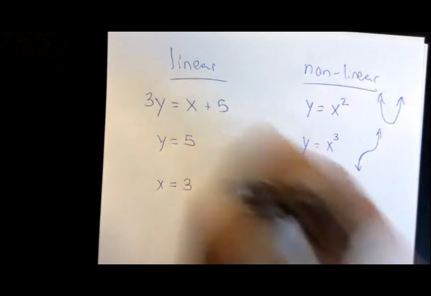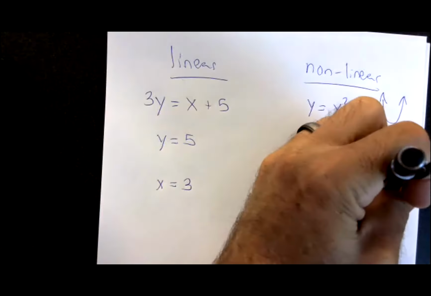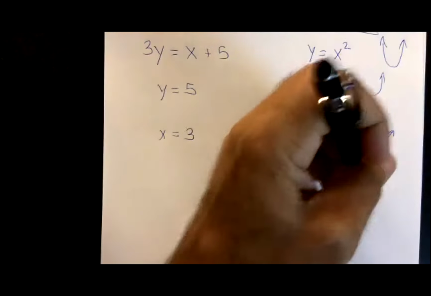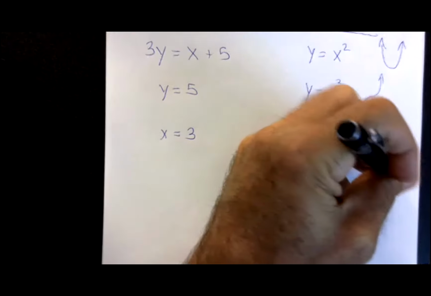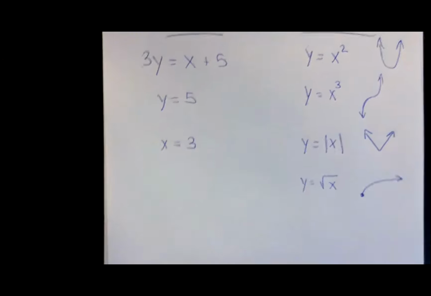Talked about absolute value. If they graph an absolute value function, it makes a V. They give you a square root function. It looks like so.